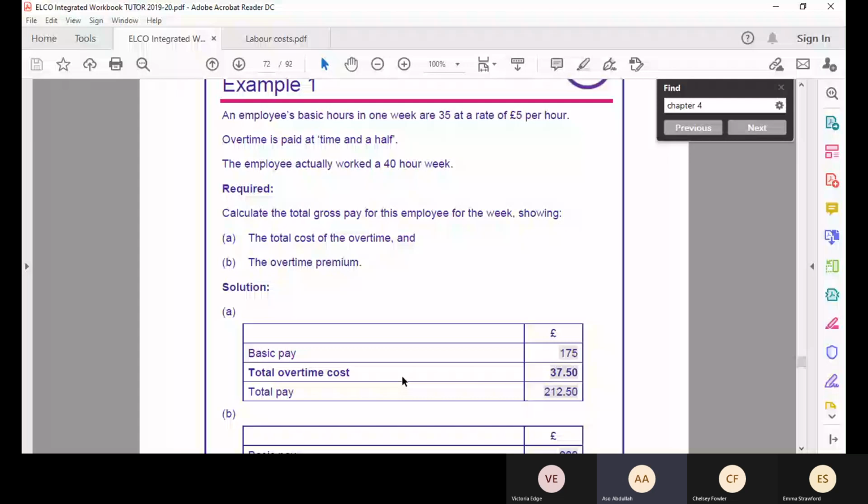The basic rate is £5, and the overtime is 1.5, so £5 times 1.5 is £7.50. Then £7.50 times 5 is equal to 37.50. So 37.50 plus £175 is equal to £212.50.